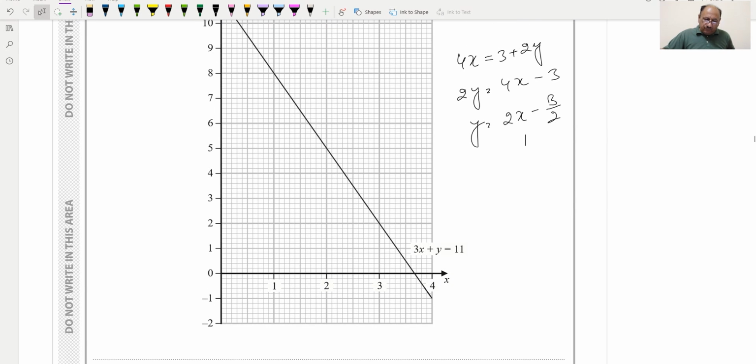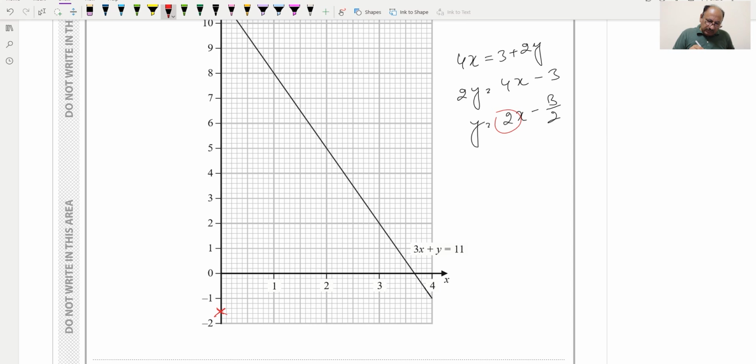Minus 3 by 2 means 1 point minus 1.5. So minus 1.5 will be this point. So line is passing through this point, and the gradient is 2.